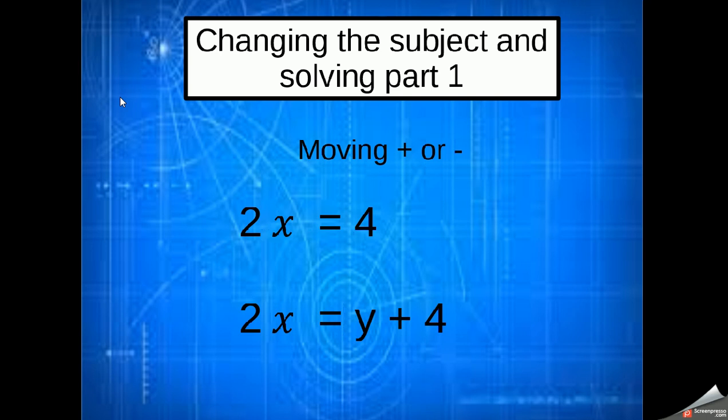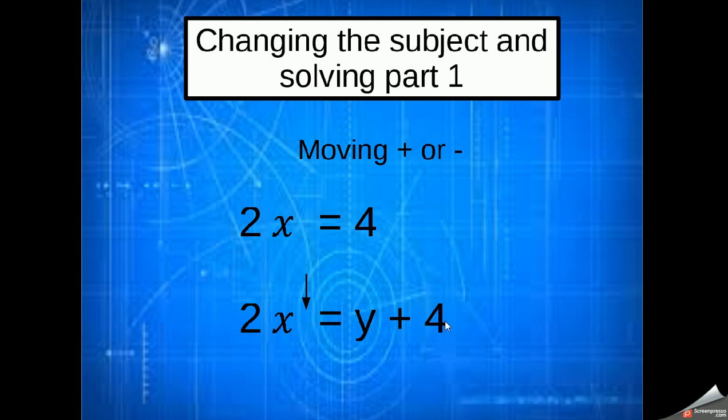Okay, so what do we do next? Well, one little point to remember as well is if I wanted to move this 4 to that side of the equation, remember to put the new one in by here. The reason being is a lot of people slip up and they put it at the start because it's easier to write there, and then sometimes they forget to change it into a negative sign.